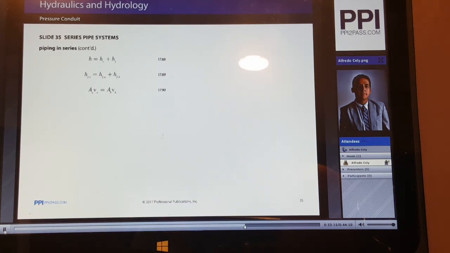Now here we see some equations that we can use to evaluate pipe systems that are in series. If the pipe velocity and the flow rate are initially known, the friction losses can be easily found. If they are not known, then the problem becomes iterative. If you review section 17.28 of SERM, you will see how this applies.